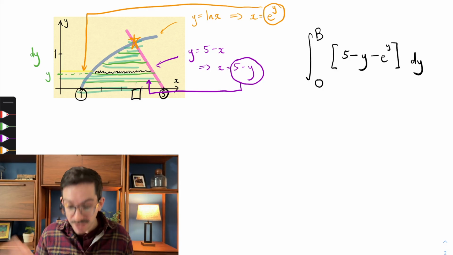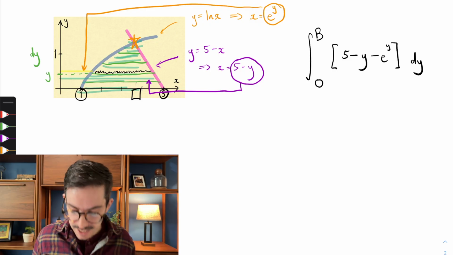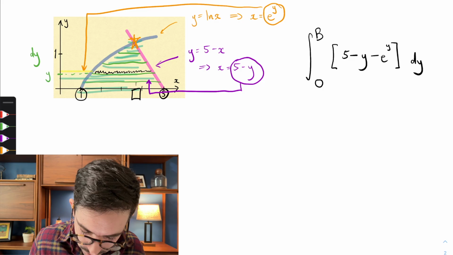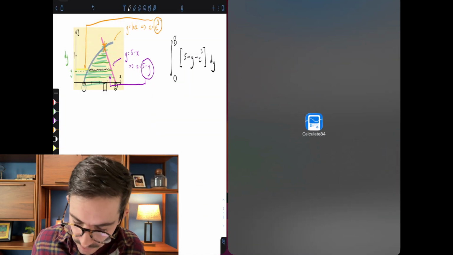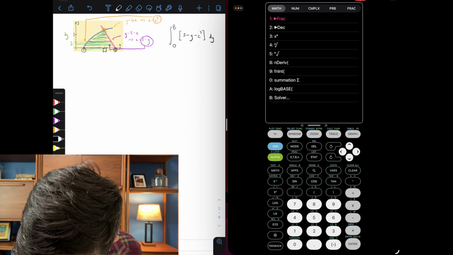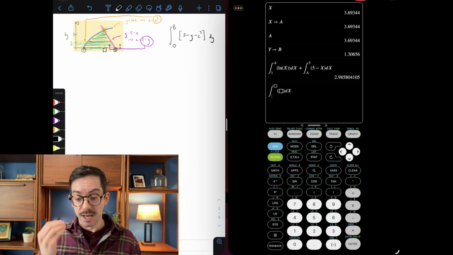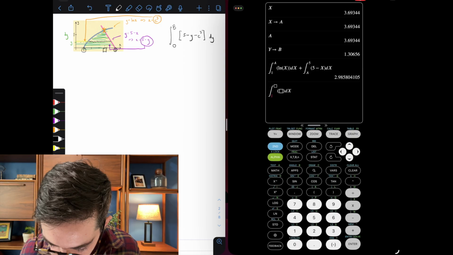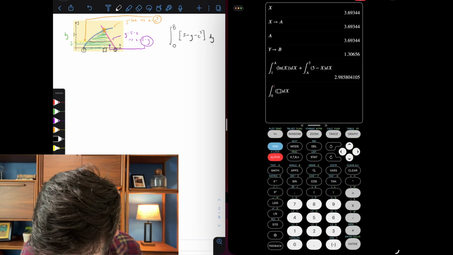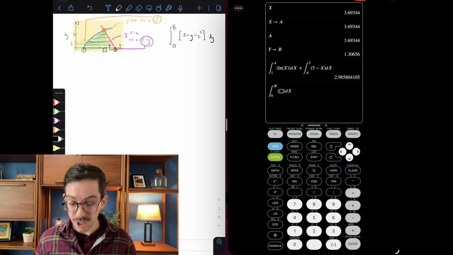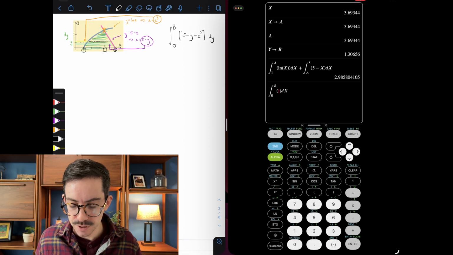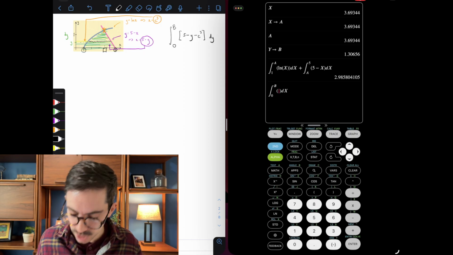dy. Now, just to convince you that this is indeed giving us the same answer, let's try typing this into our calculator. So I'll hit math 9 to get up an integral. My limits are 0 up to, in this case, alpha B, where I stored the y coordinate. On my calculator, my variables are automatically x, and that's no problem.